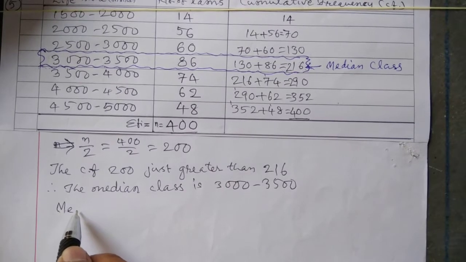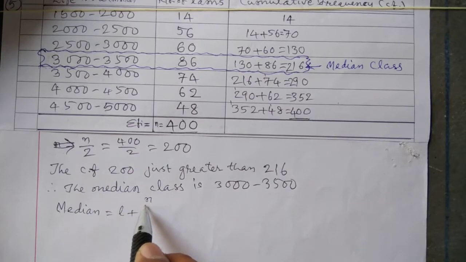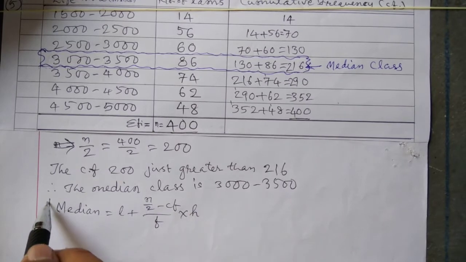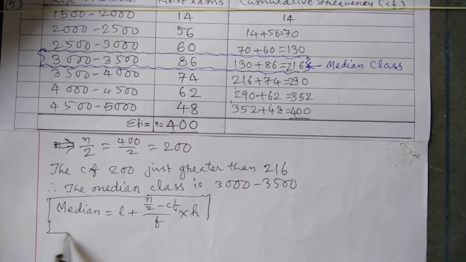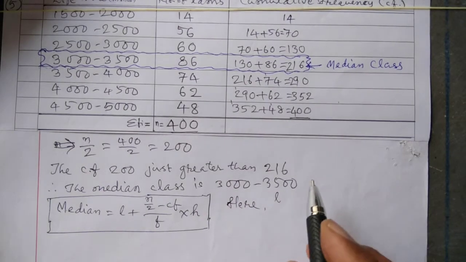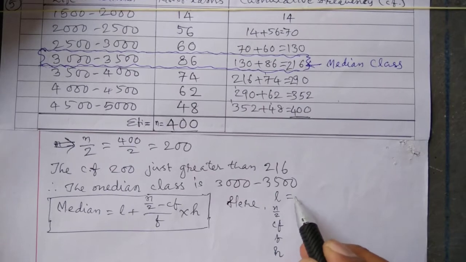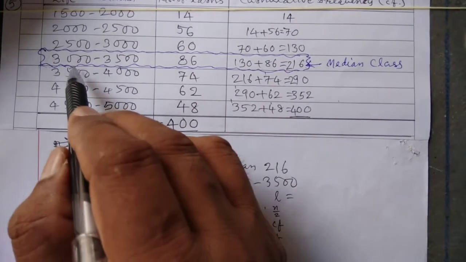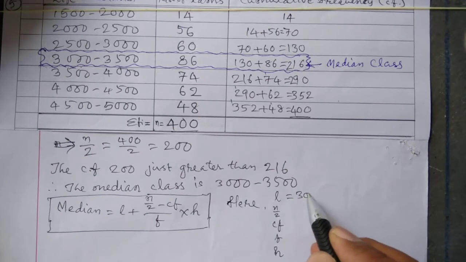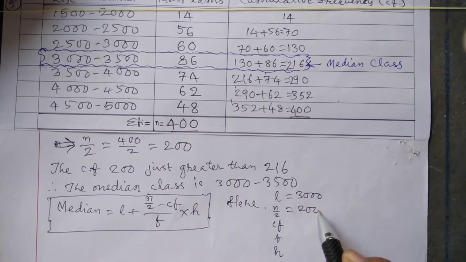Basing on this median class, we can find the median, which is equal to L plus (n by 2 minus CF) by small f into H. This is the formula to find the median. In this, we have to know L, n by 2, CF, small f, H. L is the lower boundary of the median class, so 3000. n by 2 is 200.